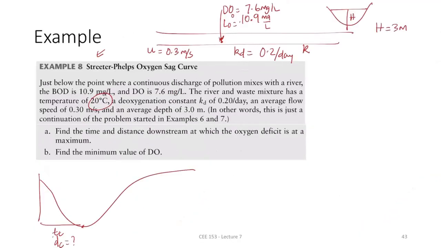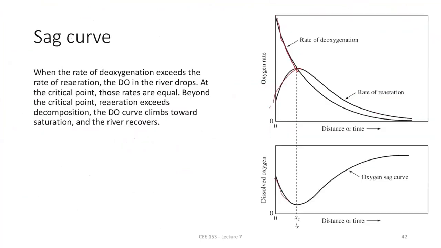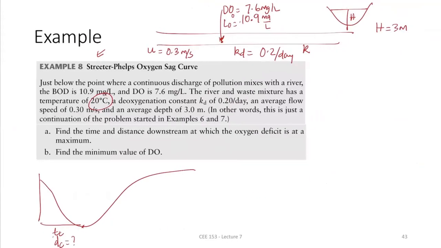You know that you can plug the values into these equations and get the answers because everything else is given. The only thing you don't know is the re-aeration rate, KR, but you can calculate that because it depends on velocity and height.